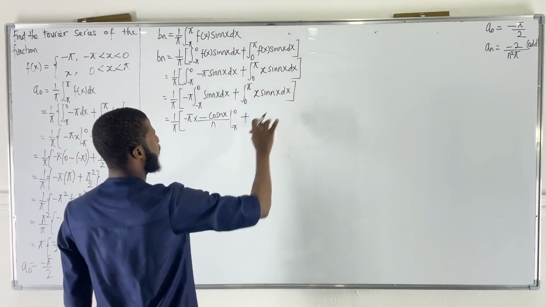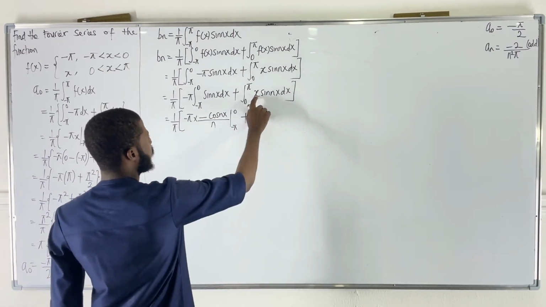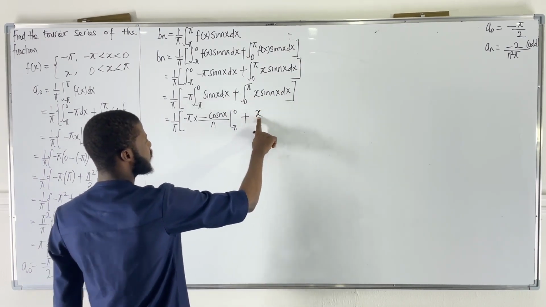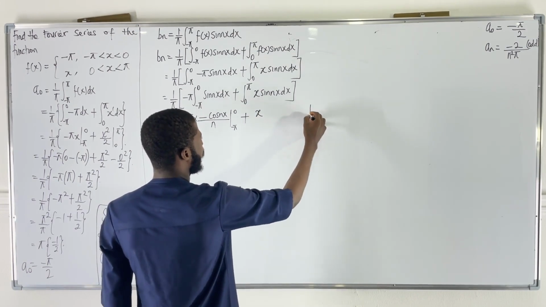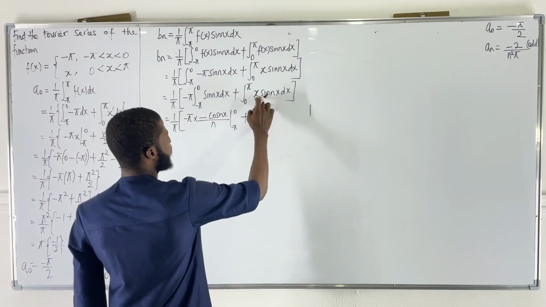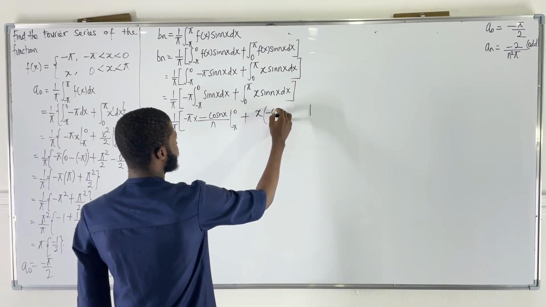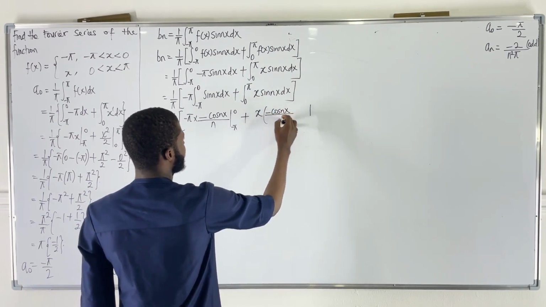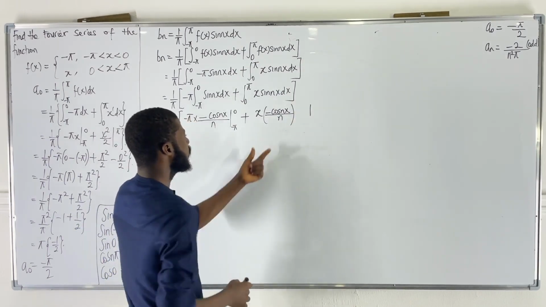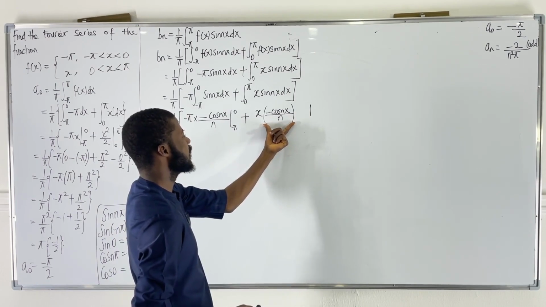Plus, now this second part, you're going to use integration by parts. So you're going to write your x first. That's the short method. Write your x first, give some space, write 1. Now this sine nx, when you integrate it, you would have minus cos nx, then divided by the derivative of nx. So close this up. Now this same bracket here, you're going to also integrate it again.